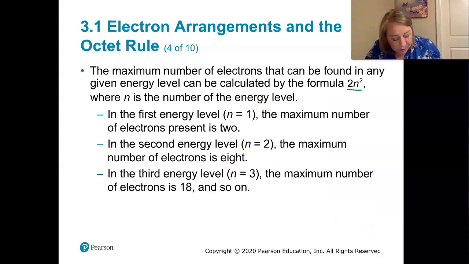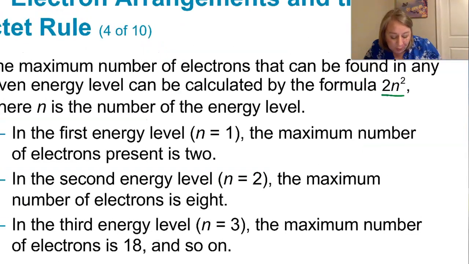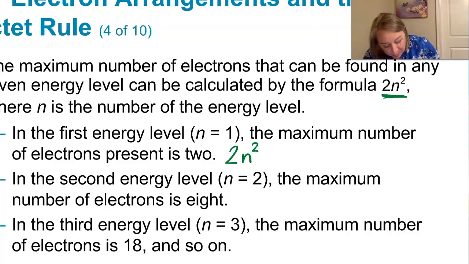All right. So in the first energy level, n is equal to 1. The maximum number of electrons present is 2. Let's see if our formula makes sense. I'm going to use this formula right here: 2 times n squared. So for the first principal energy level, that's 2 times 1 squared.